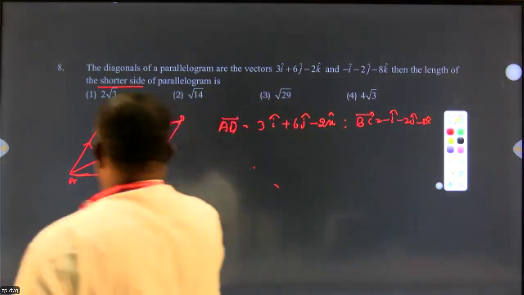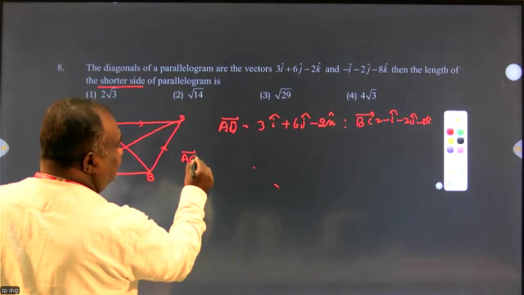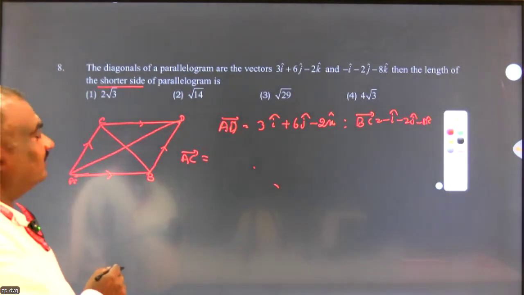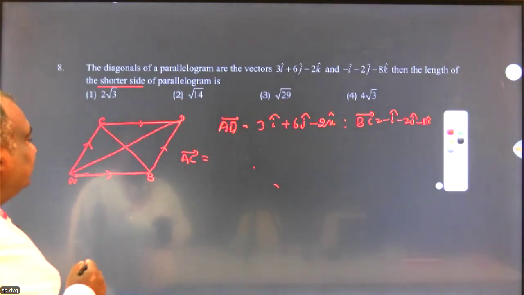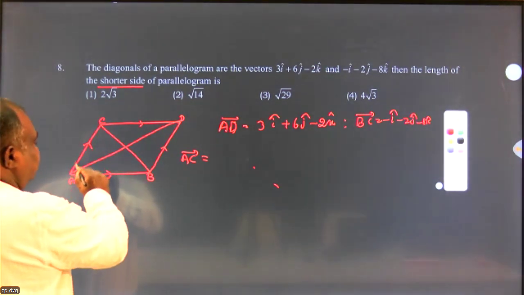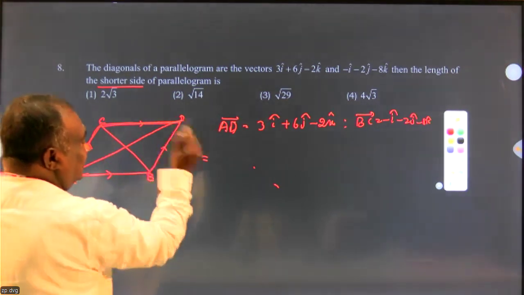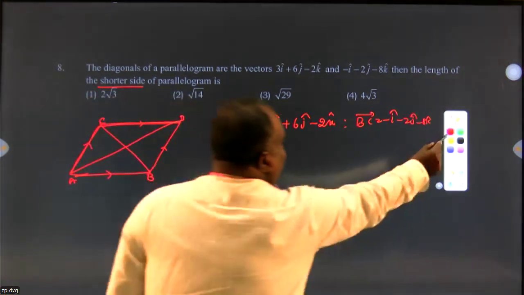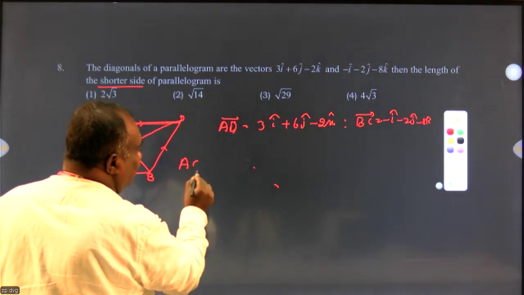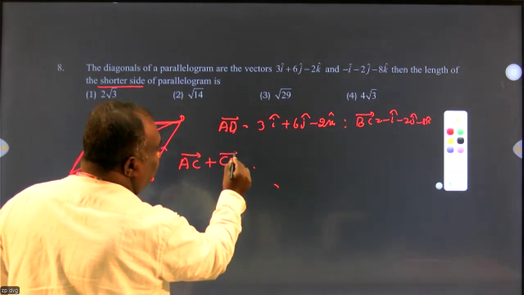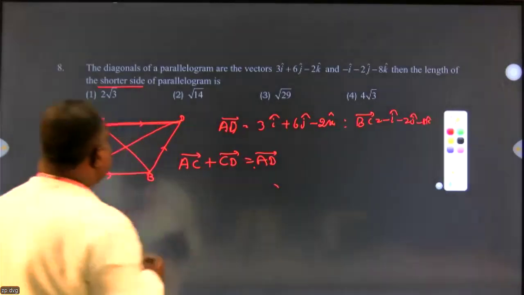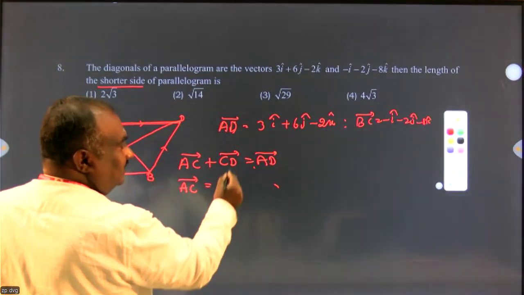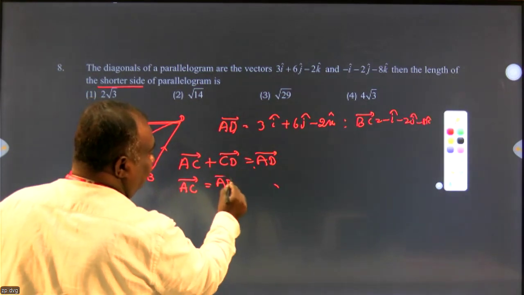Now, from the triangular law of vector addition, if you take AC bar plus CD bar, it is equal to AD bar. From this, AC bar is equal to AD bar minus CD bar.